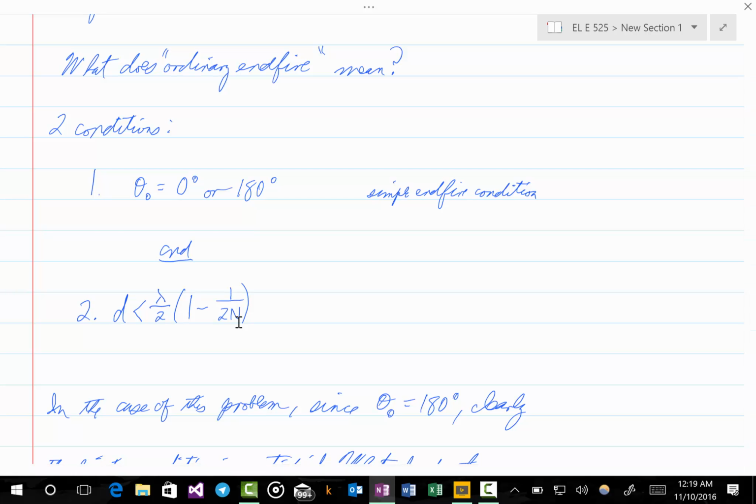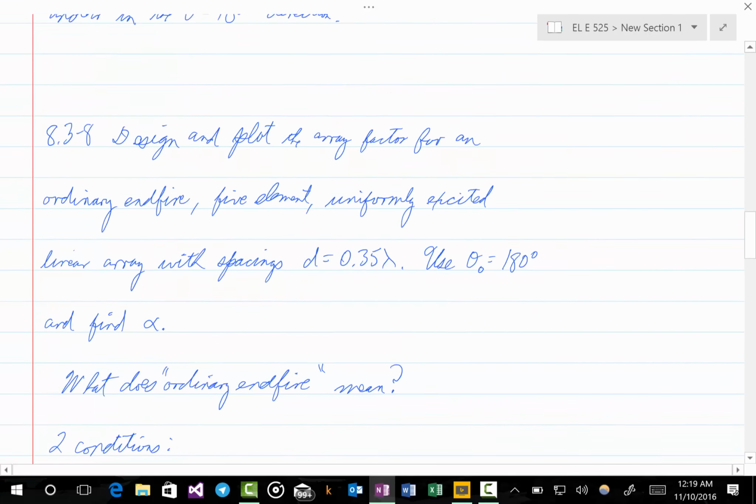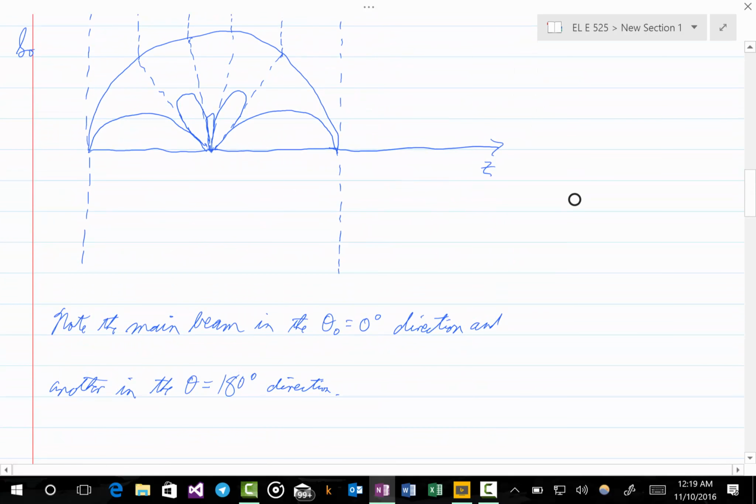And what we will see, both from this problem and from the test problem, is that by decreasing the separation in this manner, we make sure that there's only one main beam rather than two, as was the case up here in this problem.